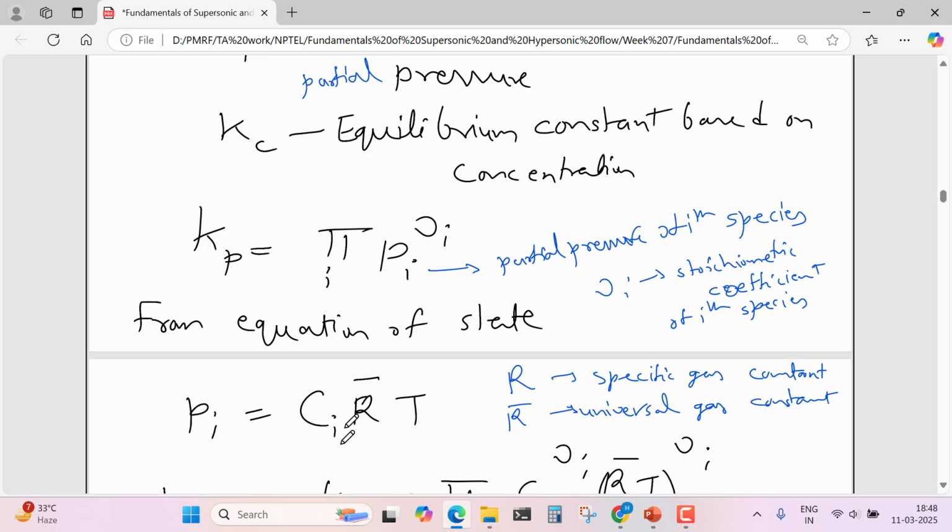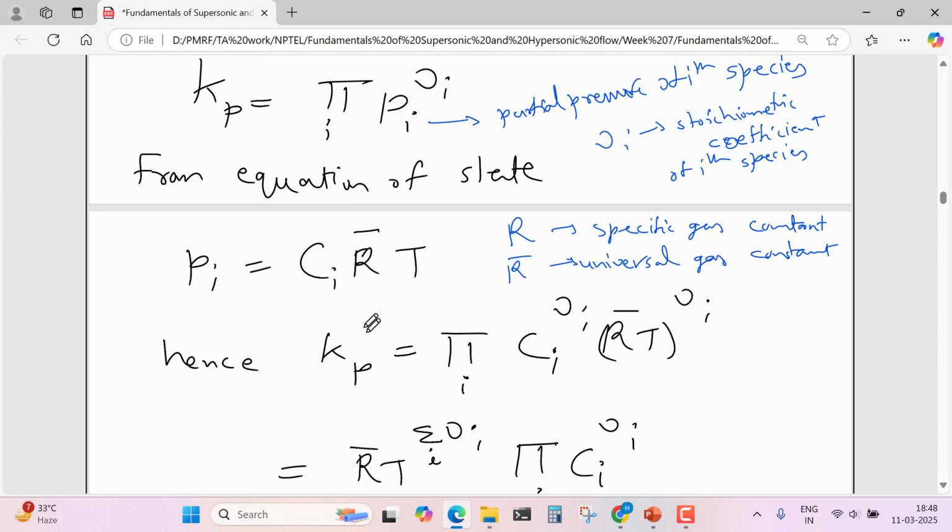So Pi equal to Ci R bar T. If you substitute this value of Pi, then in the formula for Kp there is Pi to the power mu i, so here also it will become Ci R bar T to the power mu i. We can separate the Ci term and the R bar T term, so it becomes Ci to the power mu i and R bar T to the power mu i.